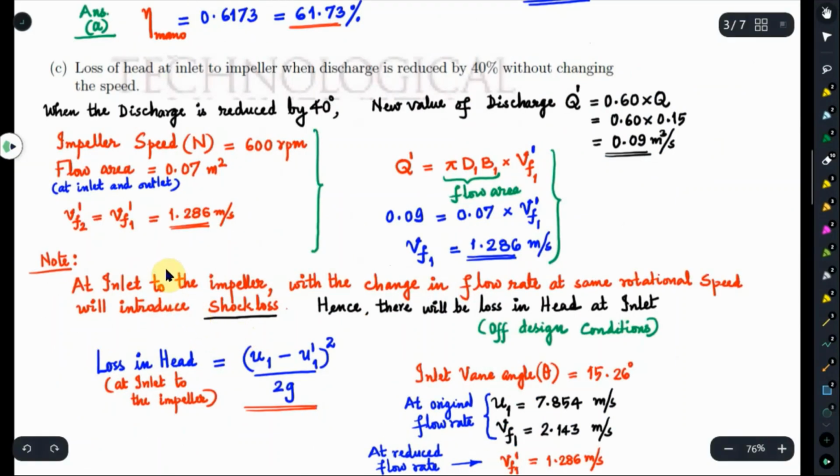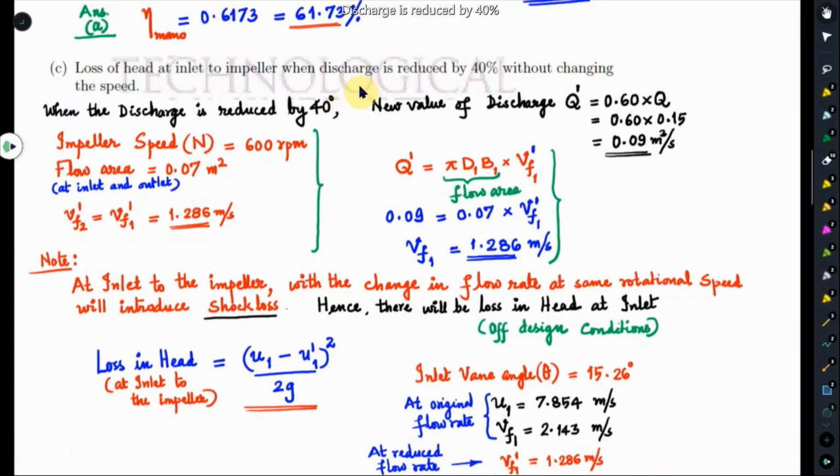Now the third part of the question, the loss of head at inlet to the impeller when the discharge is reduced by 40% without changing the speed. In this case, what we should understand is the discharge given, 0.15 meter cube per second. If that is the design discharge, then the pump will give better performance, or in fact the best operating condition is at 0.15 meter cube per second discharge and the manometric head of 12.5 meters, the given conditions.